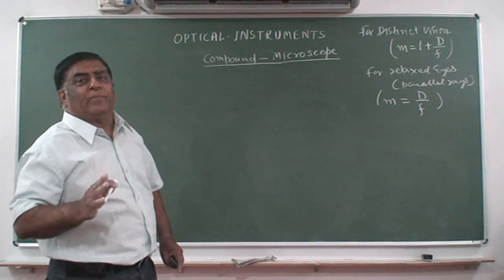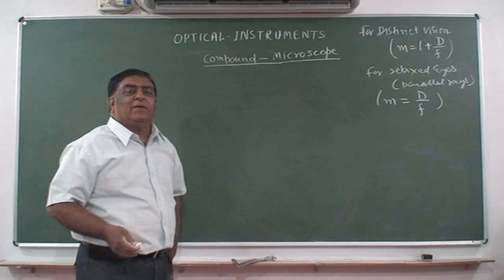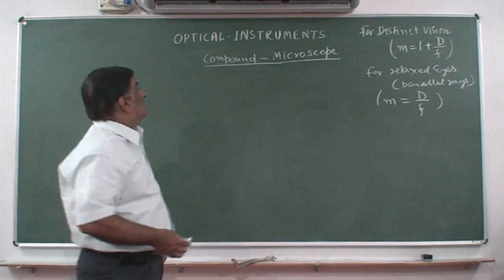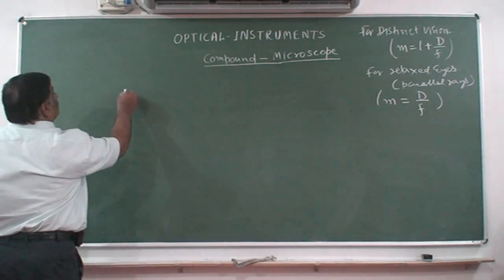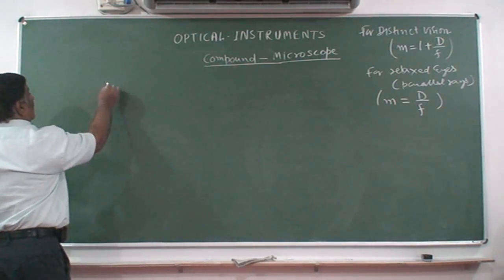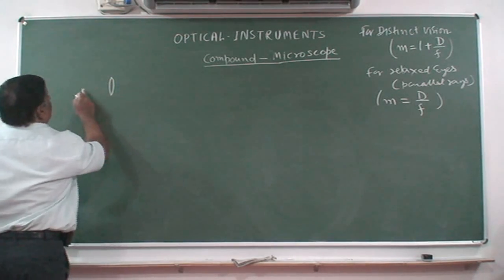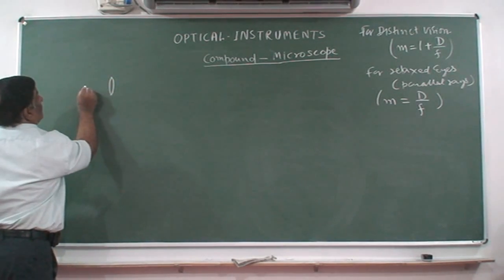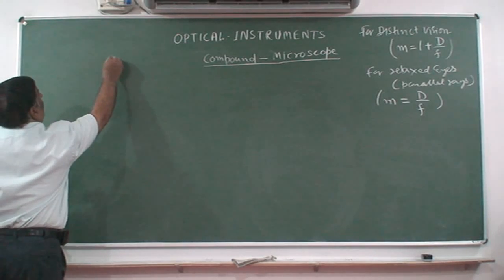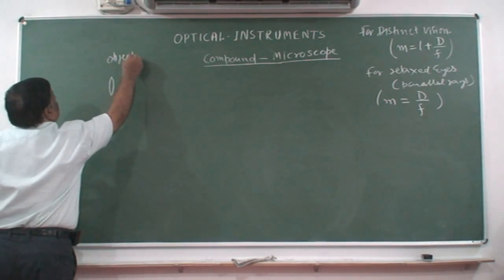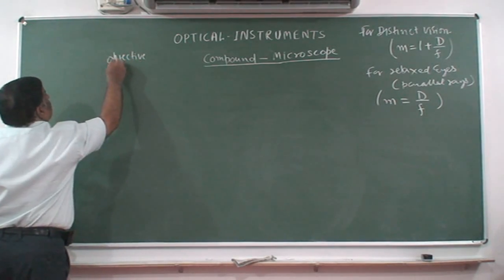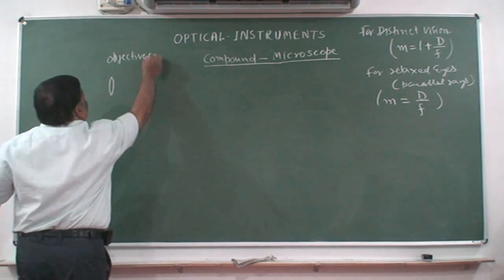The preliminary compound microscope principle we can study by a combination of two lenses only. The one lens we keep near the object. Object is somewhere here, and this lens we call the objective lens because it is near the object.